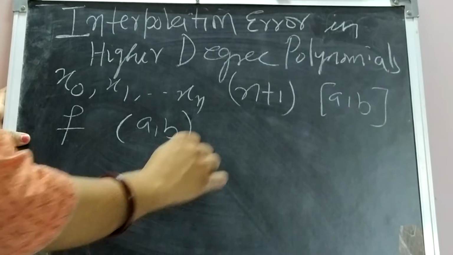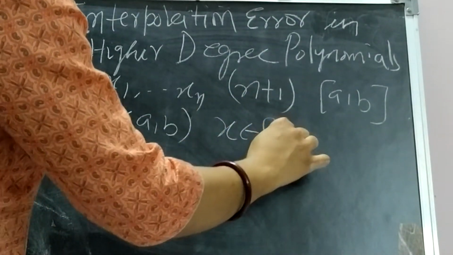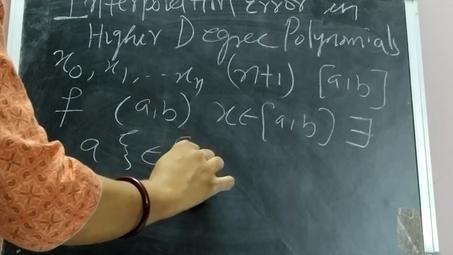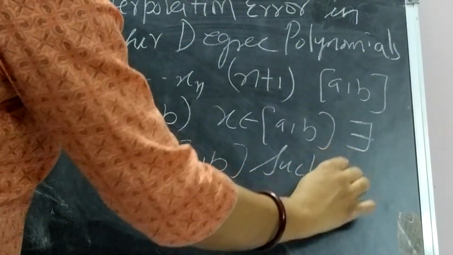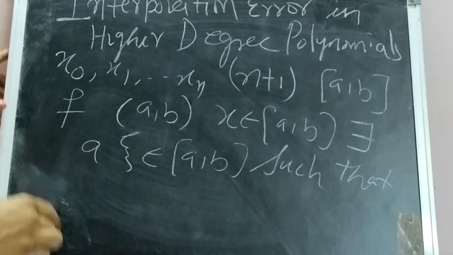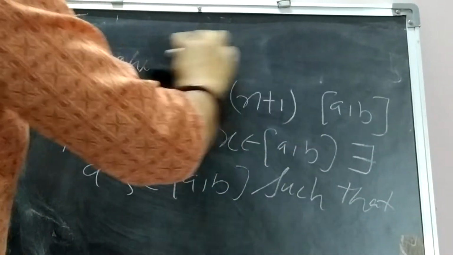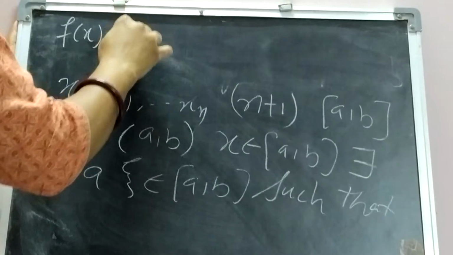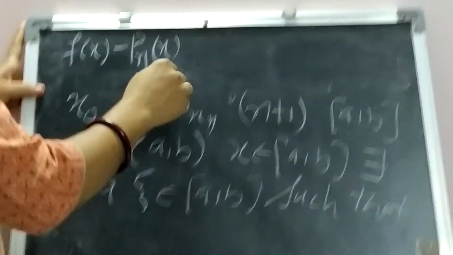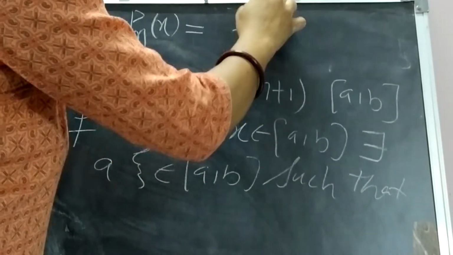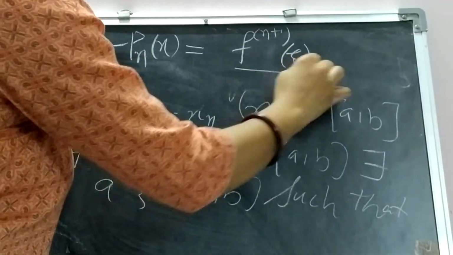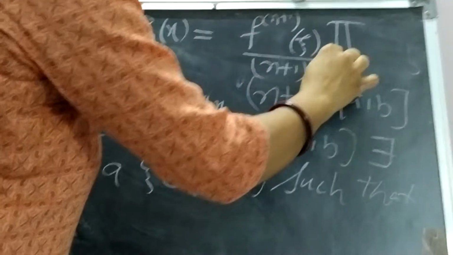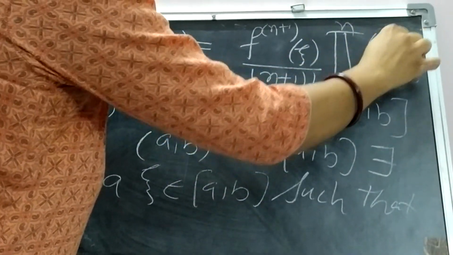Then the theorem states that for each x belongs to [a, b], there exists a xi belongs to (a, b) such that the error, we have to write the expression for the error, f(x) minus pn(x), this is nothing but the error, is equal to f to the n plus 1th derivative at xi divided by n plus 1 factorial and the product for i equal to 0 to n of (x minus xi).